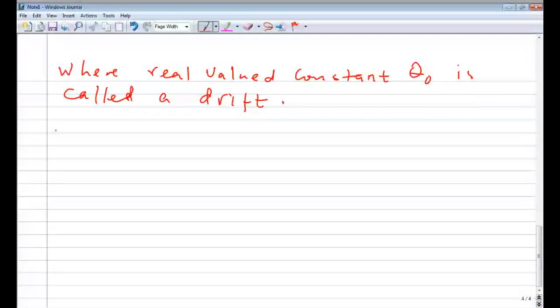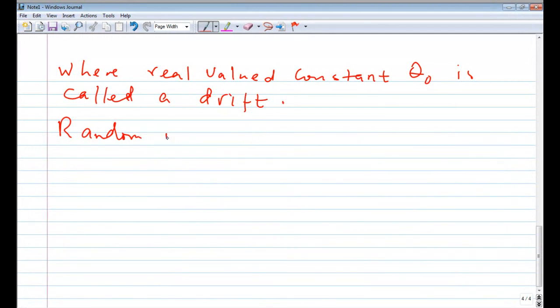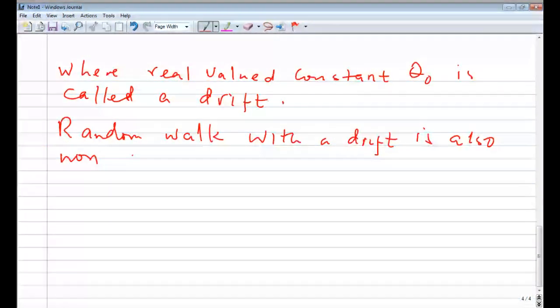Now, a random walk with a drift is also non-stationary.